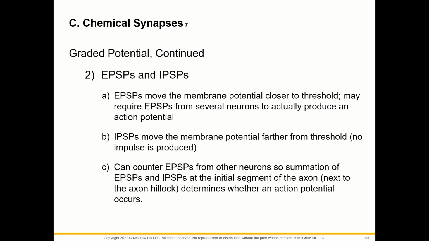So EPSPs, excitatory postsynaptic potentials, move the membrane potential closer to threshold. They may require EPSPs from several neurons to actually produce an action potential. Then we have IPSPs, or inhibitory postsynaptic potentials, which move the membrane potential farther from the threshold and no impulse is produced.